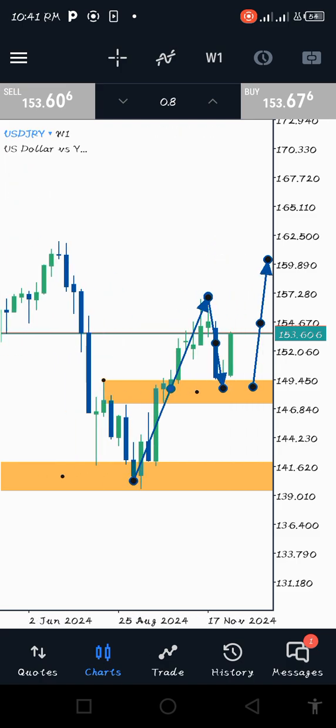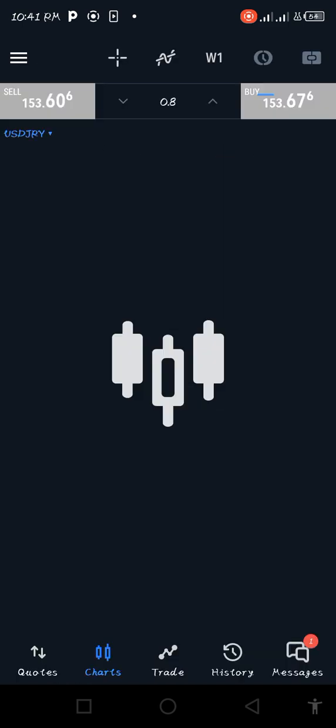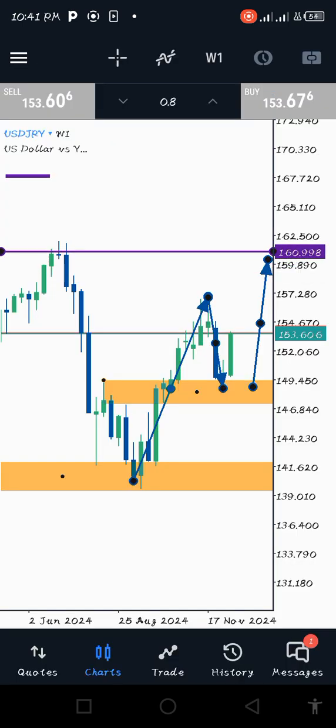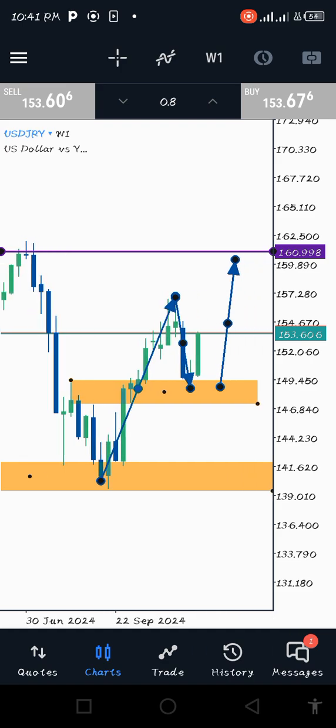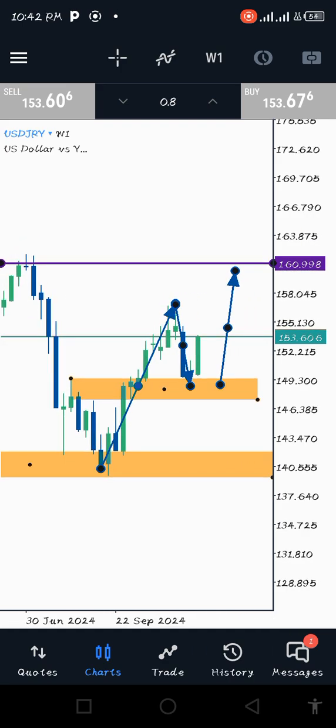Up to this point. Simple. Up to the far extreme of that range.